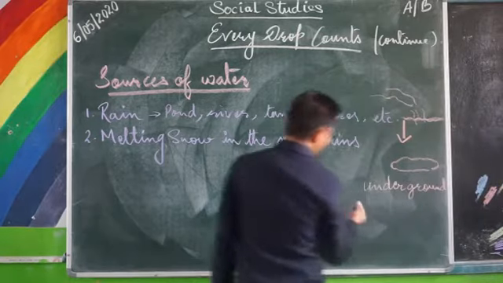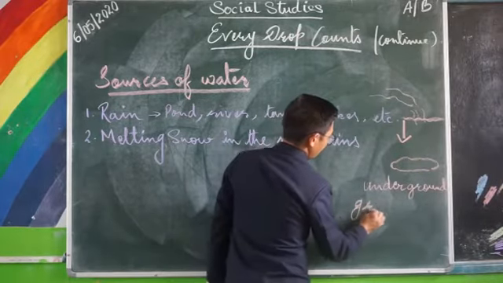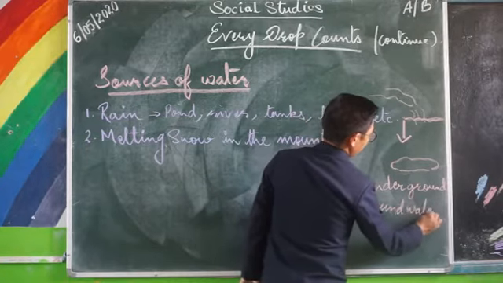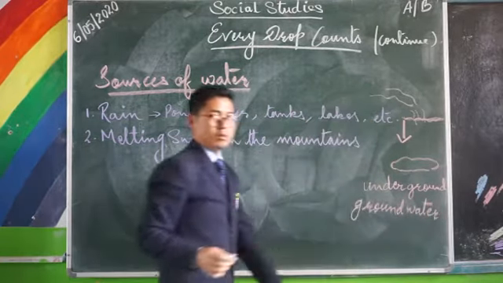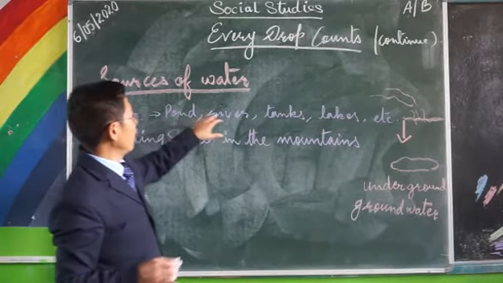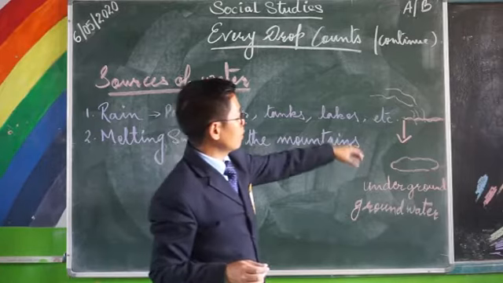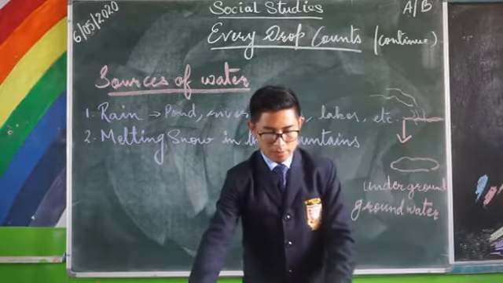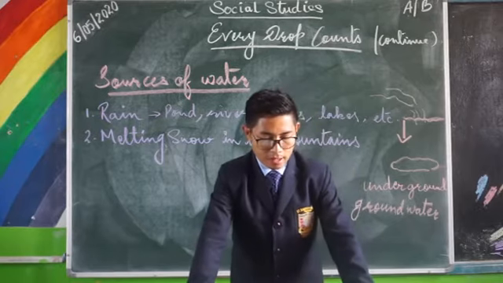So underground water or groundwater. This is the way we can collect the rainwater from pond, river, tanks, lakes, even from under the ground.